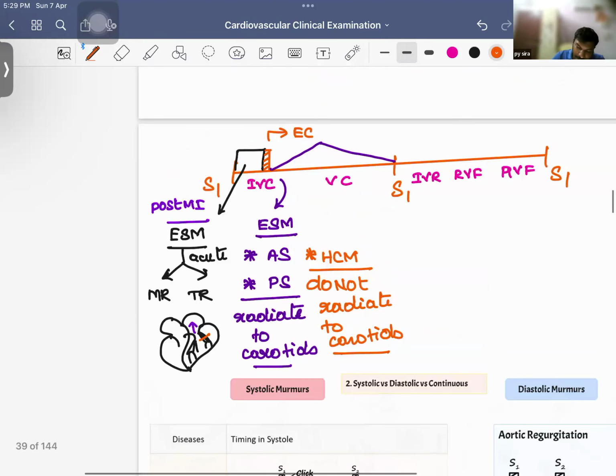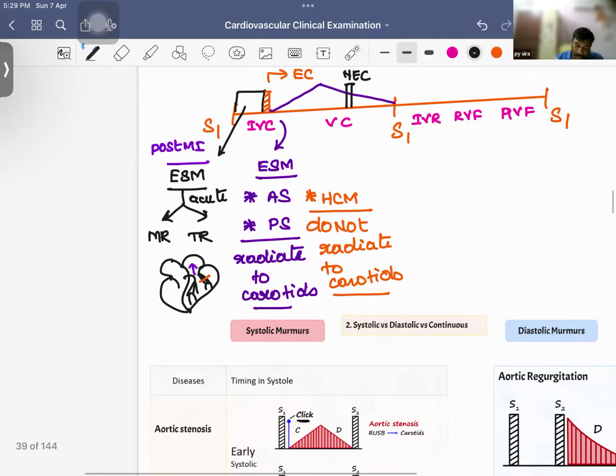Next, I told you, you get a click here. What is that click? It's a non-ejection click. Now what happens? There is a condition where this is the mitral valve.